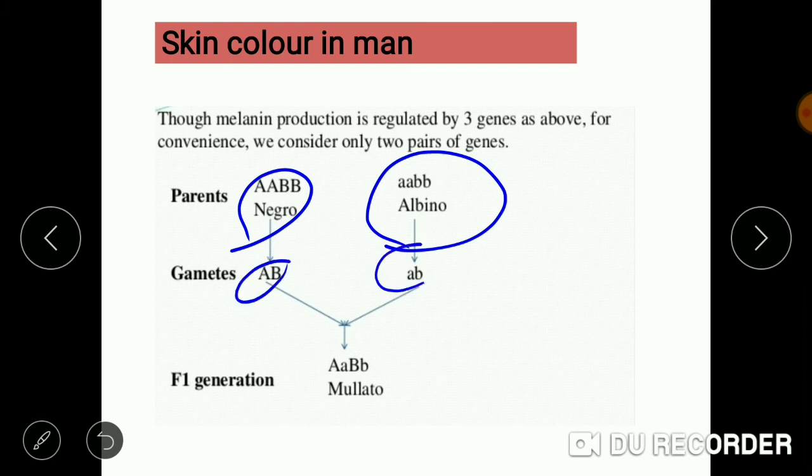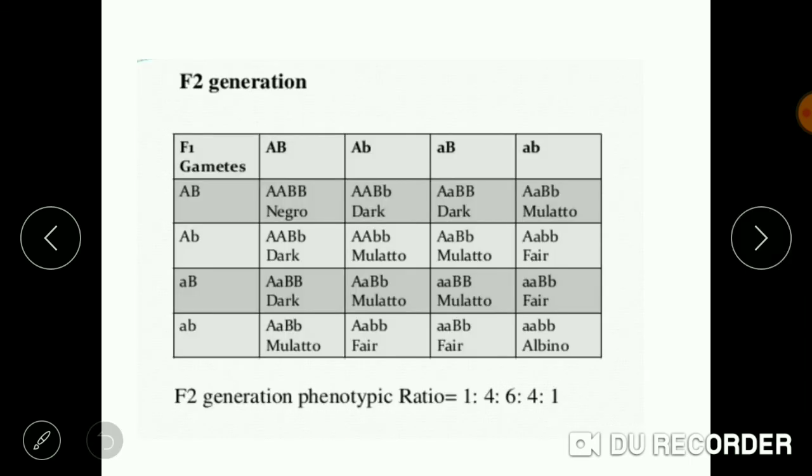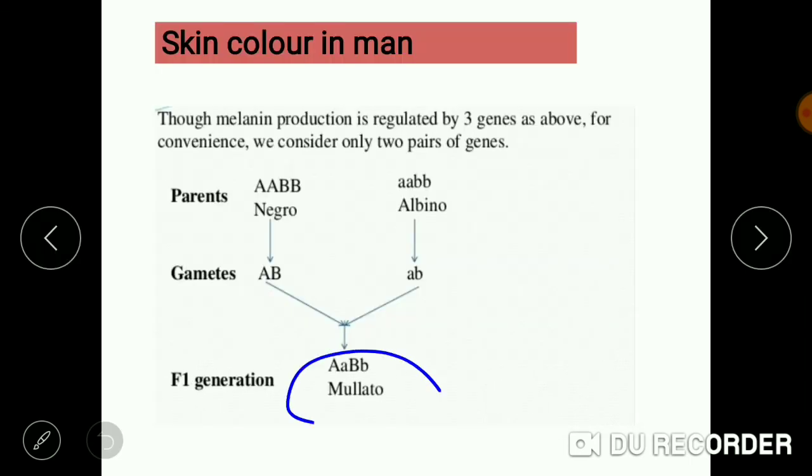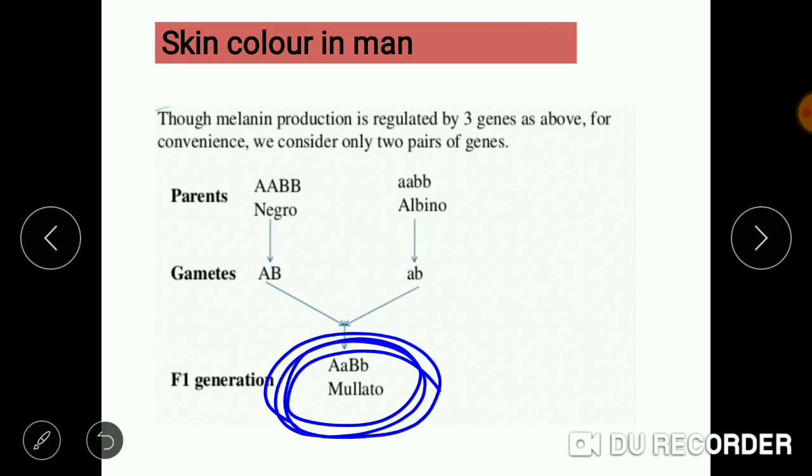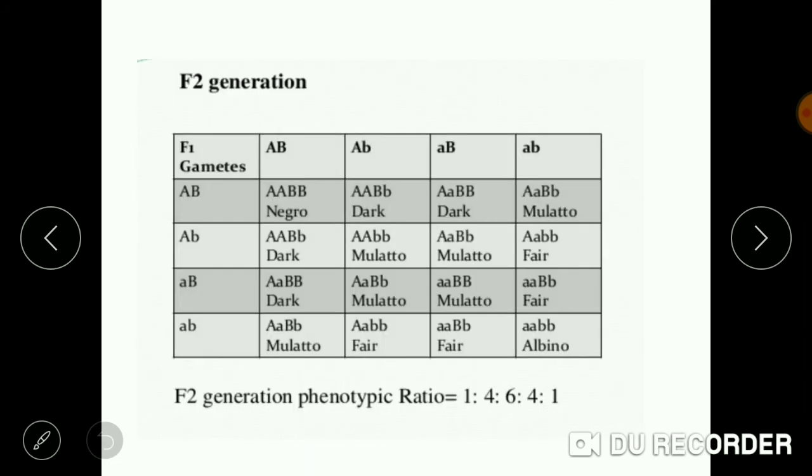We have removed the gametes and we have taken out the F1 generation, which is capital A, small a, capital B, small b. Now we perform the selfing between the F1 generation obtained, and the F1 parents will now perform the selfing and we will obtain the F2 generation.